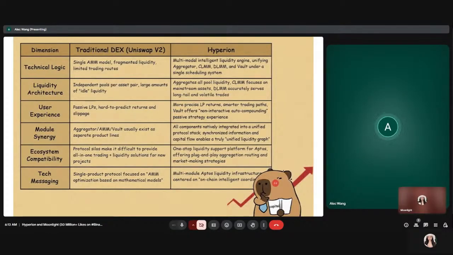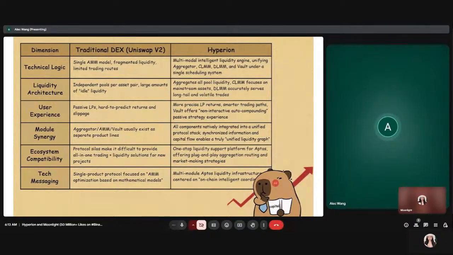We will also show you more about our products, and we are also building a vault, which you could take as a strategy platform that helps users, especially LP stakers, gain more yields in our DEX. So we have these three things: aggregator, CLMM and DLMM, and the vaults.